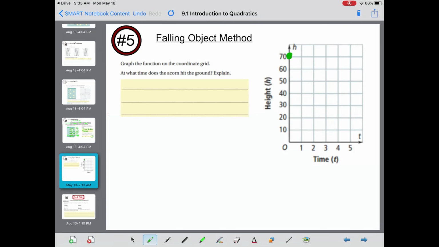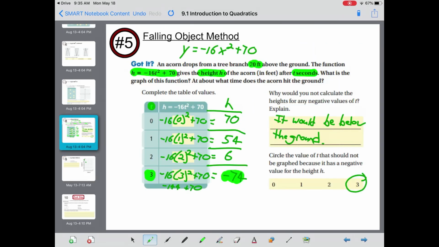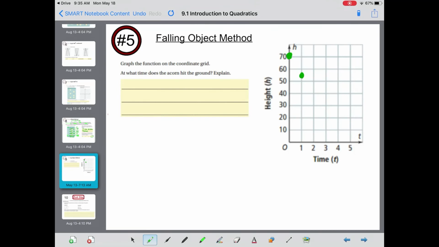So what they want you to do is plot these points on the graph. 0, 70 is the acorn hanging from the tree. 1, 54 is about here, so we're slowly falling from 0 to 1 second. And then it goes to 2, 6. 2, 6 is about here.